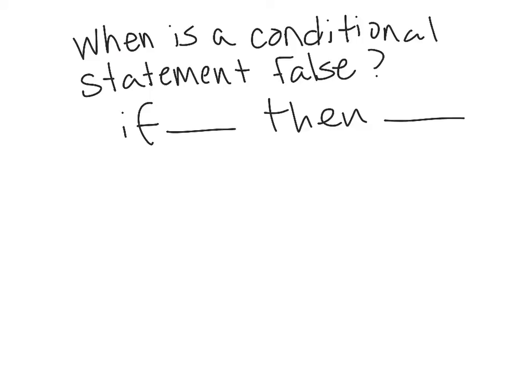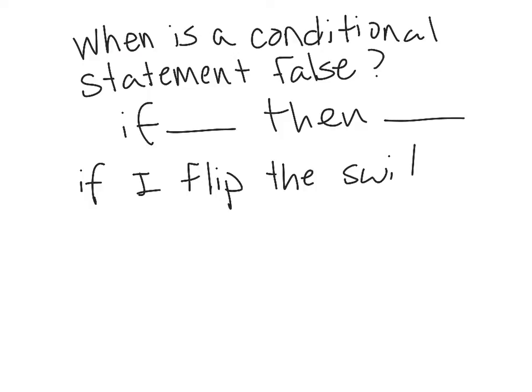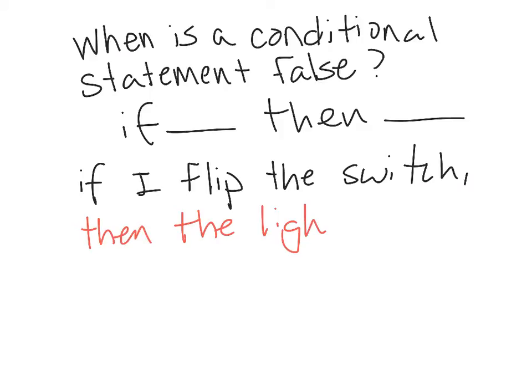And here's an example that I often think of when I think about this kind of thing. I think about the statement, if I flip the switch, then the light comes on.